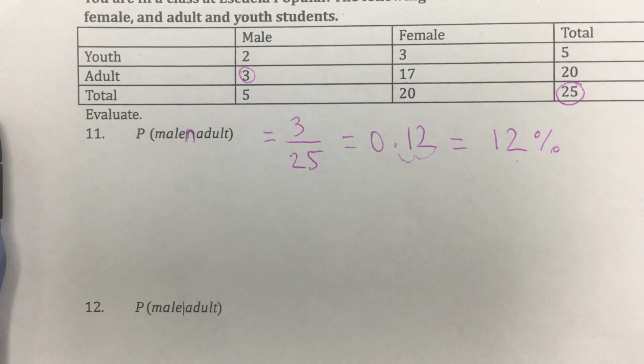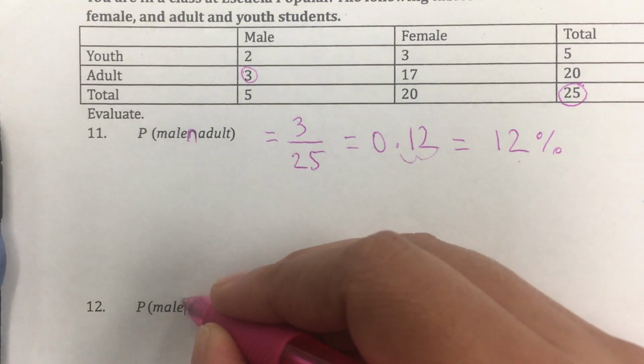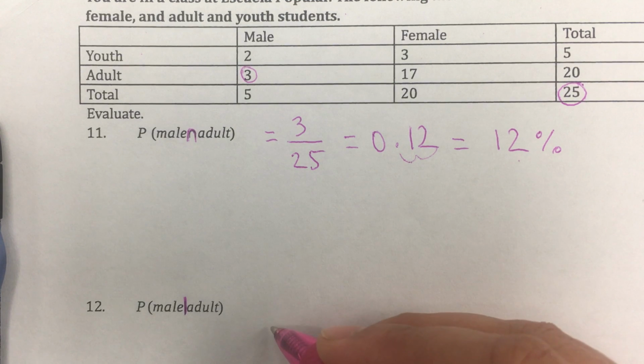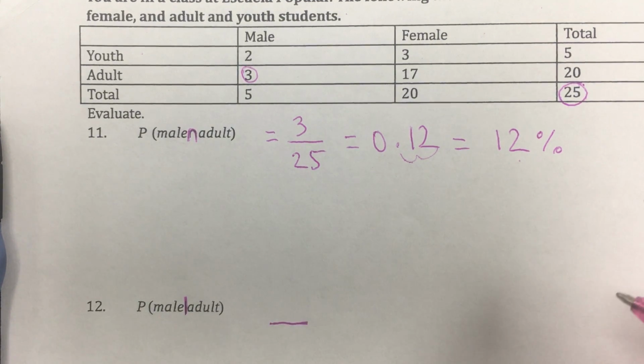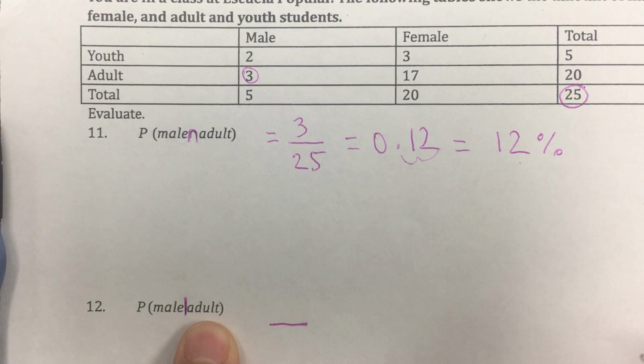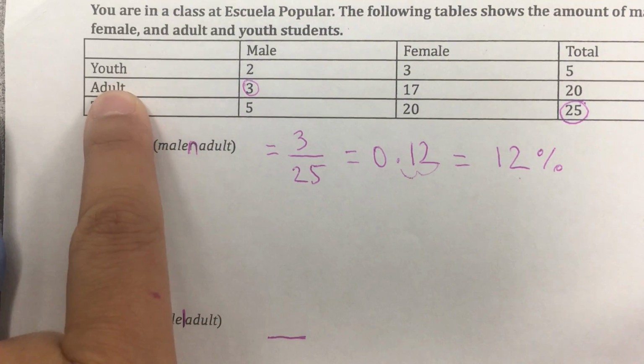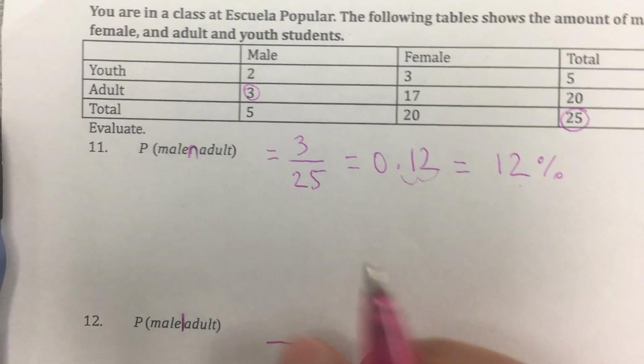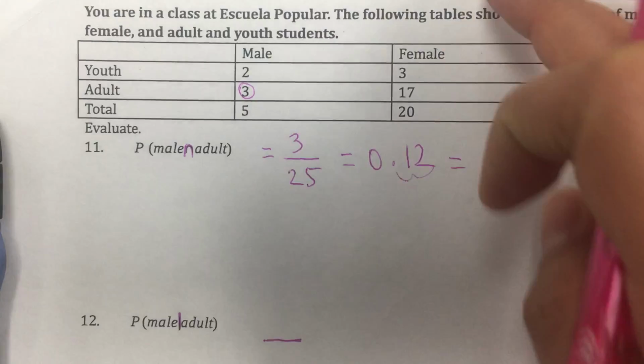Now for the other one, it's a conditional. Anytime you have this vertical little line in there, it's a conditional. The first one you look at is adult. If it's on the left, go all the way to the right, and that's going to be in the denominator. If the word was on top, you would go down.